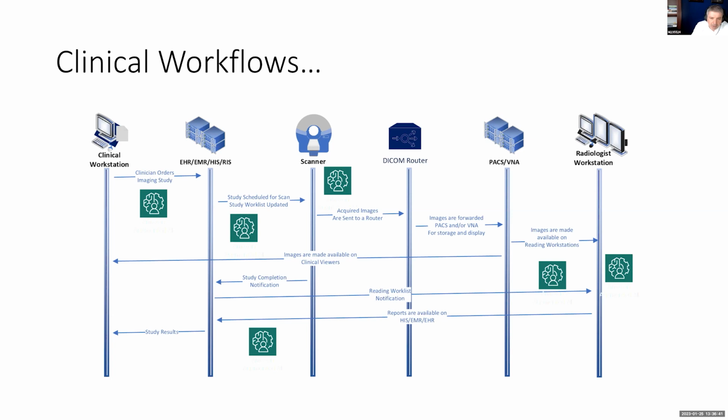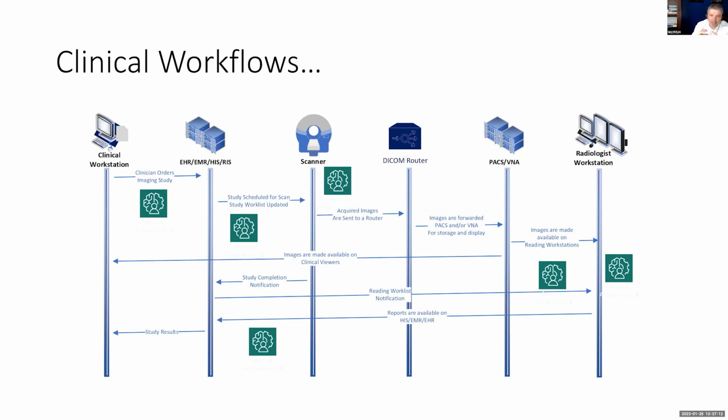So everything starts with an order, like what we call the HL7 order is created. But that order creation by the physician is guided by, in the US at least, the American College of Radiology's appropriateness criteria, and physicians are making those decisions based on, let's say, here's the reason for this exam, lung cancer, or let's say breast imaging, patient is female, is above 40, what is the most appropriate exam?